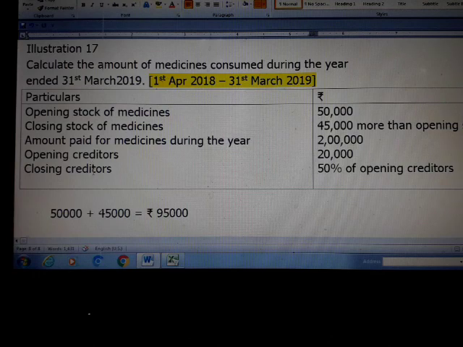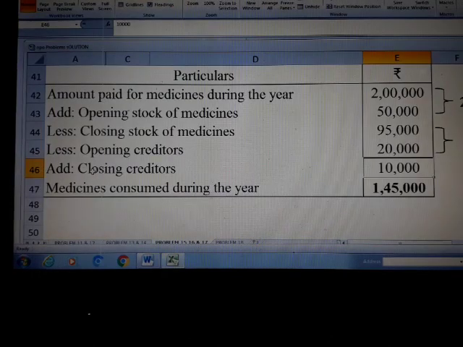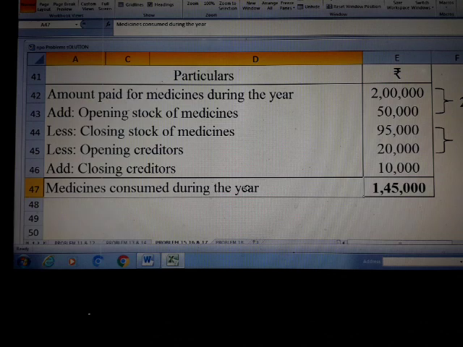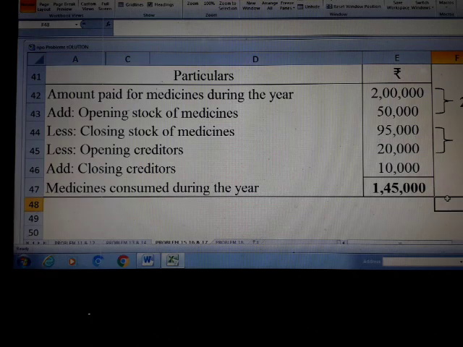Any doubts, students, so far? Right. So straight away I will add 10,000 to the total value. That gives me 1,45,000. So this is the amount of medicine consumed during the year. The amount of medicine consumed during the year is rupees 1,45,000. And where will I show this 1,45,000?